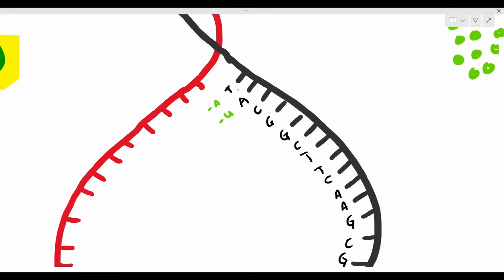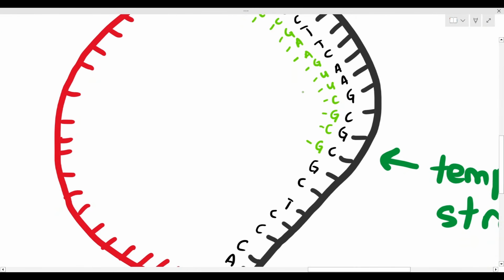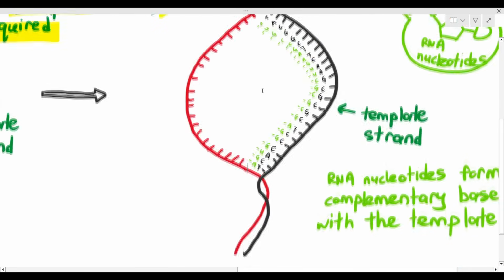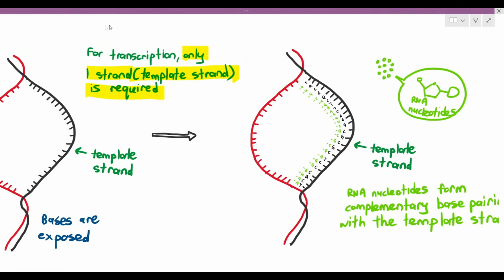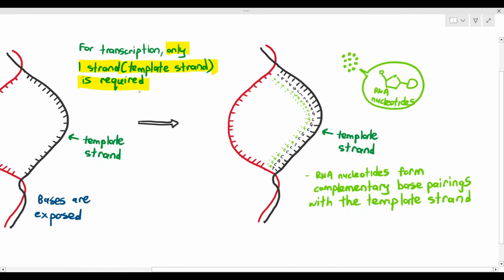So if the DNA has a base sequence of TAC, the RNA nucleotide sequence will have to be AUG. That's how it works. And they form the hydrogen bonds between each other. That's what happens like that. And I'm just writing out all the RNA nucleotides so you can compare and see if I did it correctly. All right. So what happens then is they form hydrogen bonds between the RNA nucleotides and the template strand.